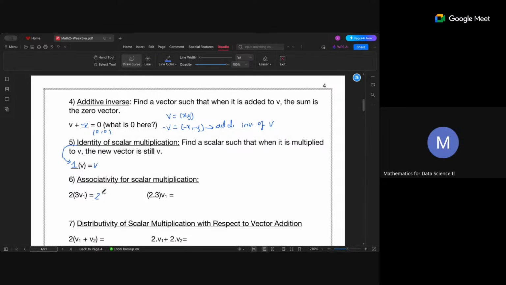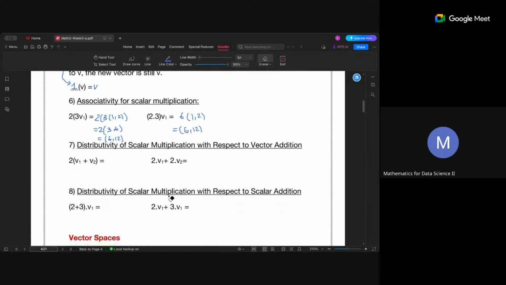V1 is 1 comma 2, so in both cases it is the same: here it is 6 comma 12 and here 6 times 1 comma 2 is again 6 comma 12. Both are the same. So this is associativity for scalar multiplication.